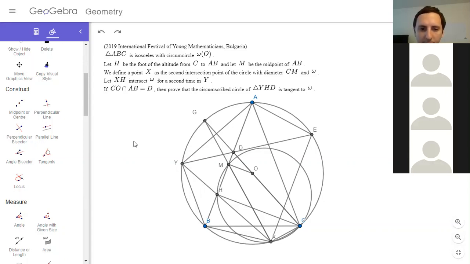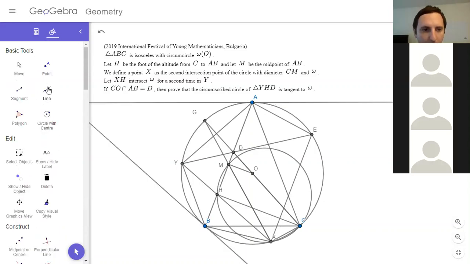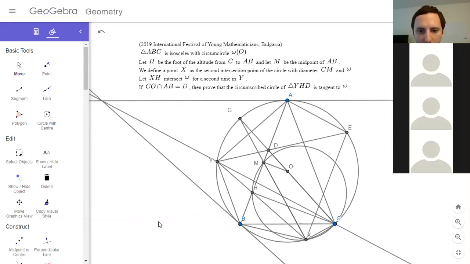So do we have any harmonic? Let's see. Let me draw the tangents. I guess the tangent to the circle at A is parallel to BC, so that's pretty useful. And those three concur.